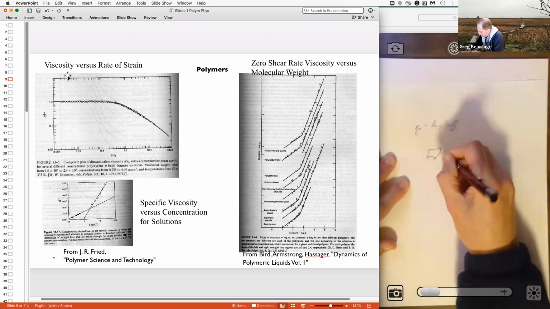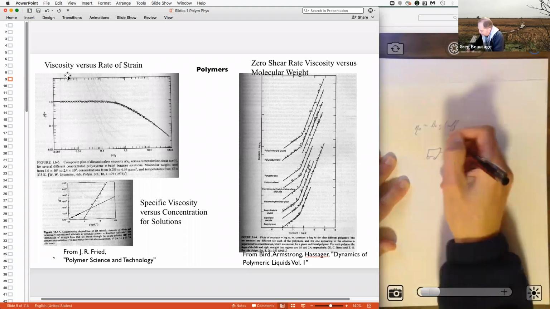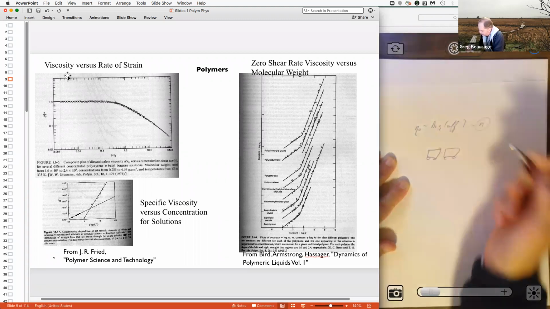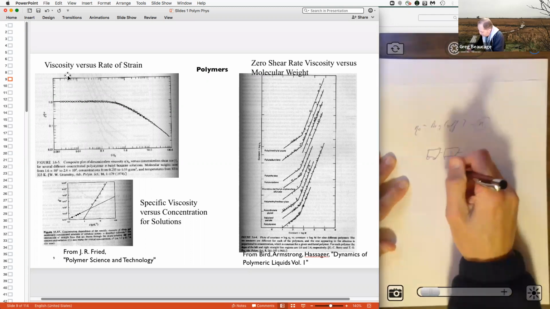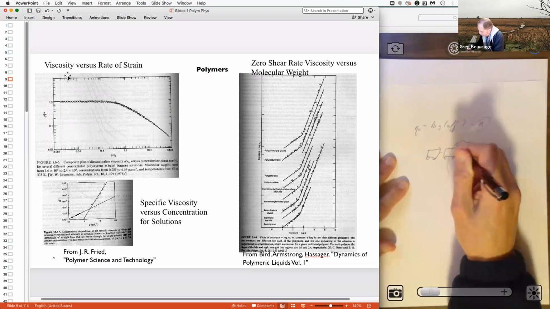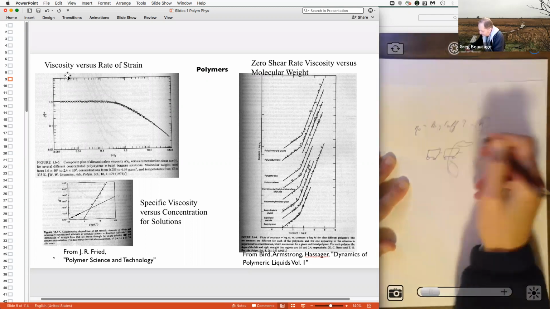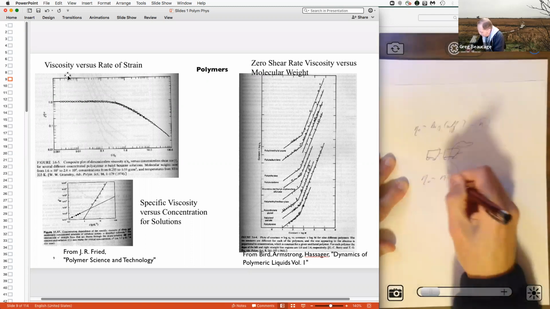Higher molecular weight means more cars in the trains. This drag coefficient goes up, and it should be proportional to the molecular weight. But if the trains start to entangle, if this thing has some kind of coupling to other trains, there's going to be a much stronger dependence on molecular weight. At that point, it is going to go with the molecular weight to roughly the 3.4 power.